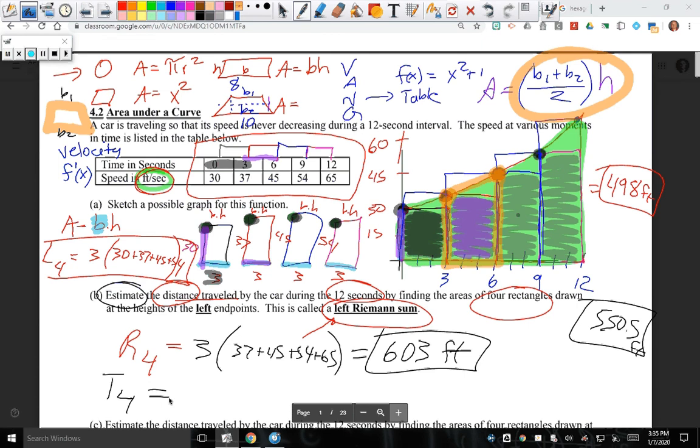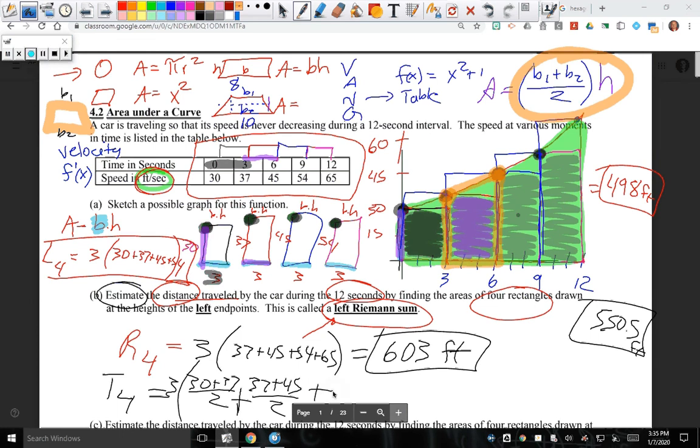Let's do the first rectangle. What plus what divided by 2 for the first rectangle? 30 plus 37 divided by 2 times what? 3. Now I'm going to take the 3 out because they're all 3. What's the average of the second y's? 37 plus 45, and these are adding together.